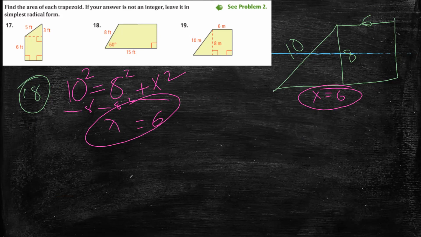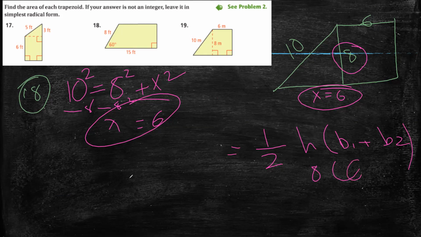It's okay now. I have the height. Yes, it is 8. The height is 8. It is given. The base 1 is 6. What about the base 2 now? From this side it's 6, and this side it is 6.